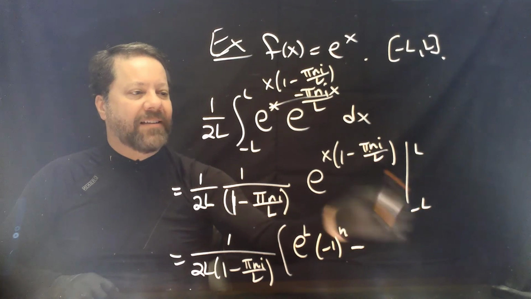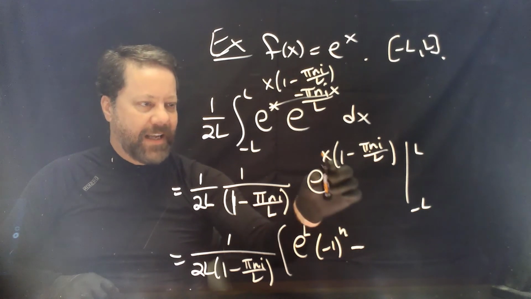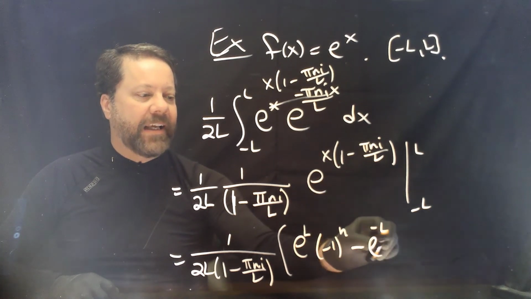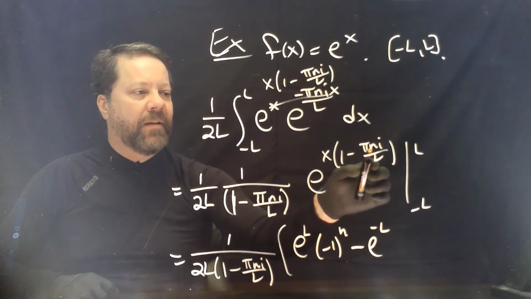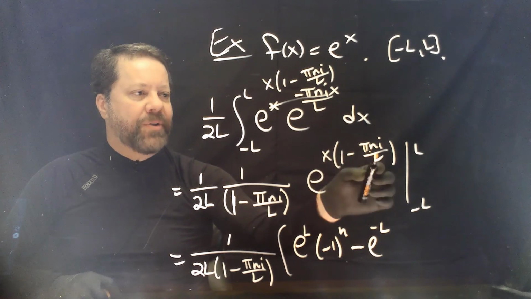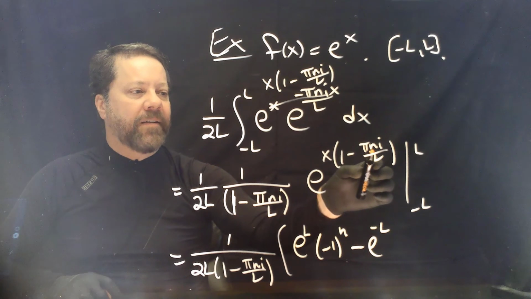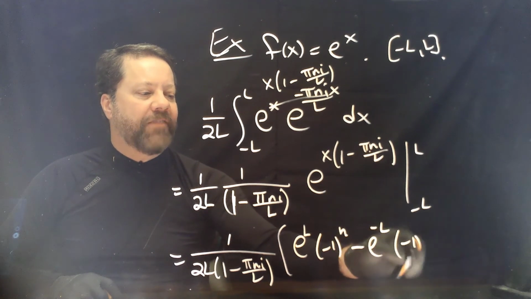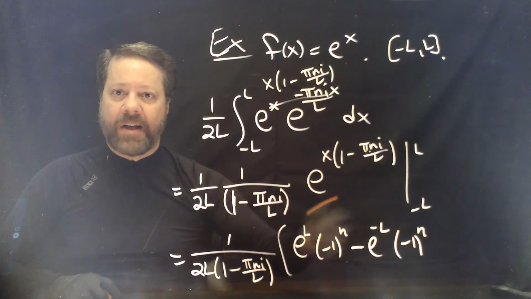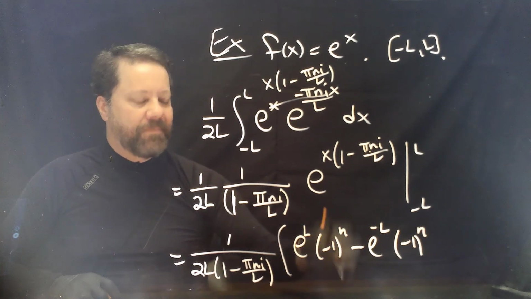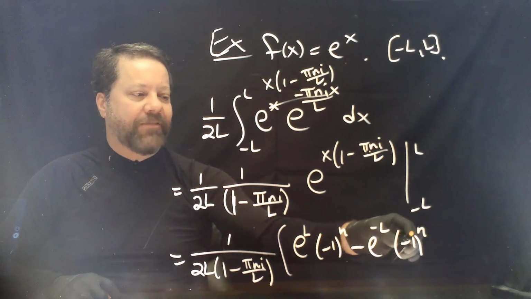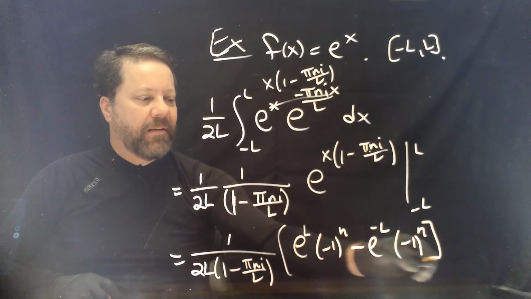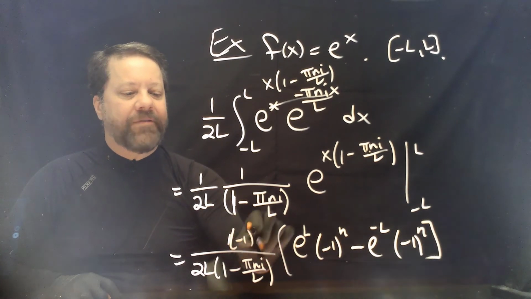When you subtract, plugging in the negative L, you'll get your e to the negative L. When the negative L distributes over here, you'll have a positive pi n i. The sine of pi n being 0, the cosine of pi n is again negative 1 to the n.